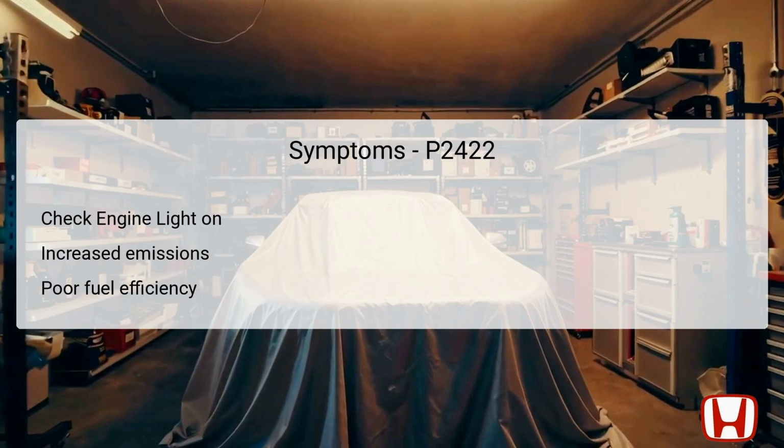Automobile owners experiencing DTC P2422 may notice various symptoms associated with the malfunction. The most immediate indicator is the illumination of the check engine light, signaling that there's a fault in the vehicle's onboard diagnostic system. Additionally, the vehicle may experience increased emissions due to improper fuel vapor management, potentially leading to the failure of emissions tests.